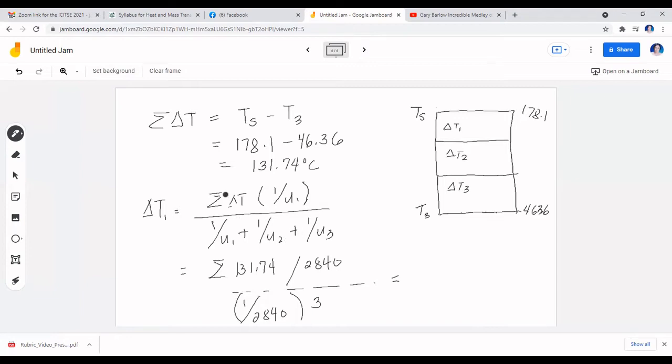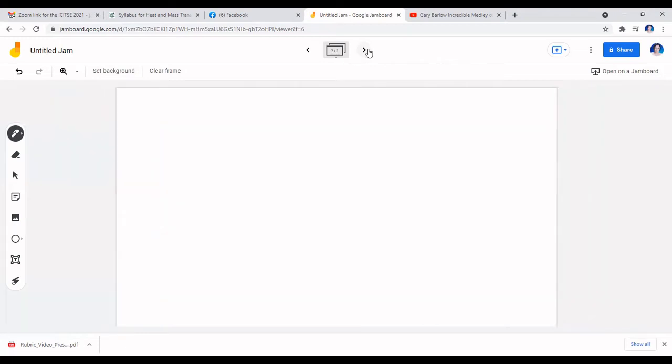You use the same formula for delta T2 and delta T3 here, changing the 1 over U1 to 1 over U2 for delta T2 and 1 over U3 for delta T3. Okay, I'll place here delta T2 and delta T3.